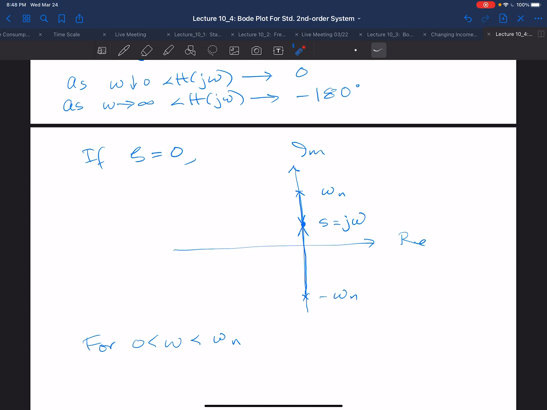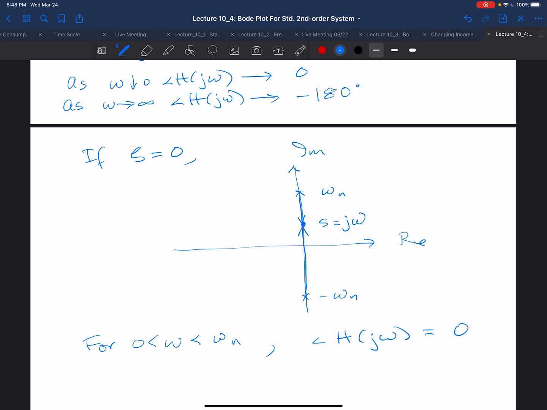So each of these phasors has an angle of 90 degrees, but the signs are opposite. This one gives us an angle of plus 90 degrees. This one has an angle of minus 90 degrees. So their contributions are going to cancel out. So the angle of H of j omega, in this case where zeta is 0 and the system's completely undamped, is 0.